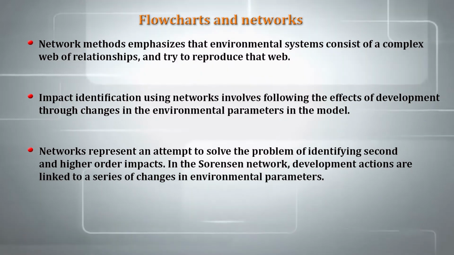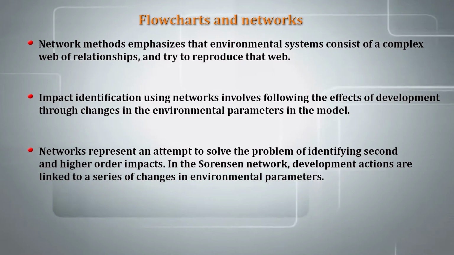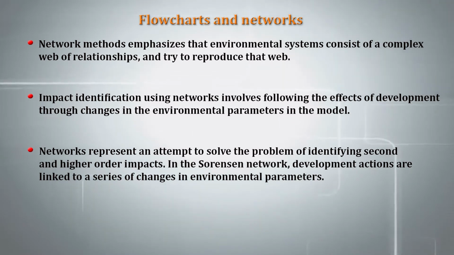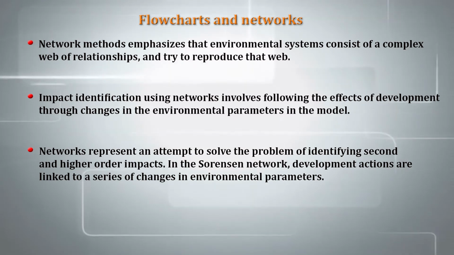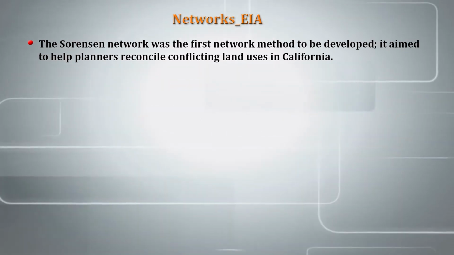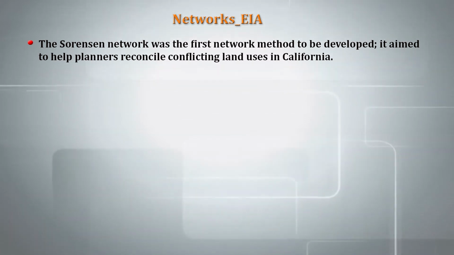For example, the best example is what Sorensen has given. In Sorensen's network, development actions are linked to a series of changes in the environmental parameters. The Sorensen network, a basic and famous one, was the first network method to be developed.